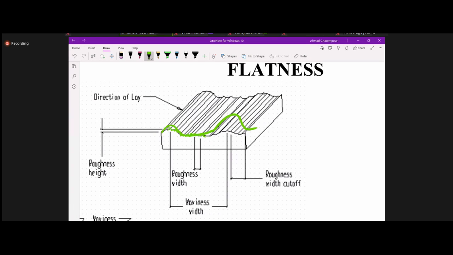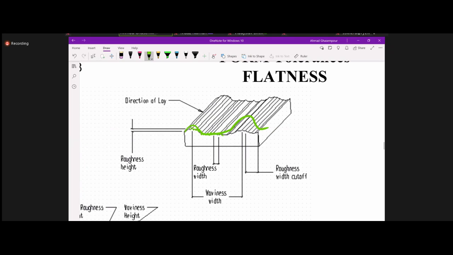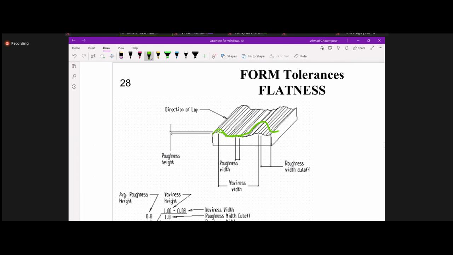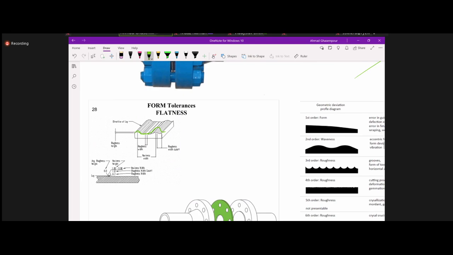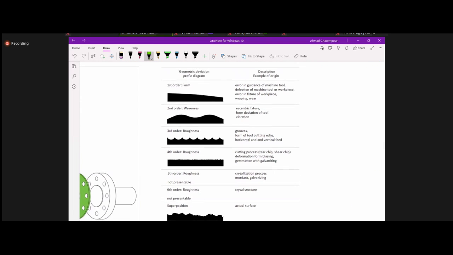So when we're talking about flatness, we're talking about a certain level of size to the feature. This is what I found useful to think about. What we call flatness falls into this order of magnitude, right?